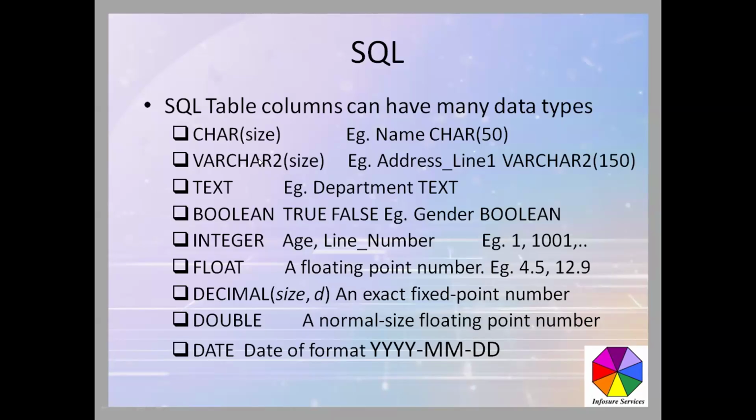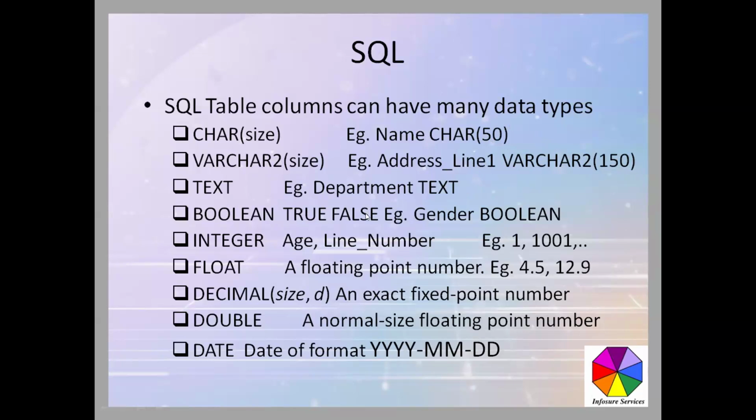There is no such preference, but if you choose to define with char 50, there it goes. If you choose varchar, it will do variable character. Most address lines, like address lines 1, 2, 3, are all varchar, so varchar2 within brackets 150. Is this clear? Yes, sir. Text is some name.